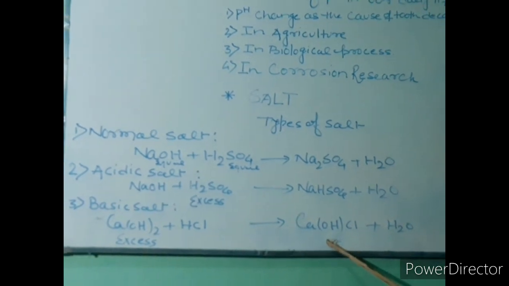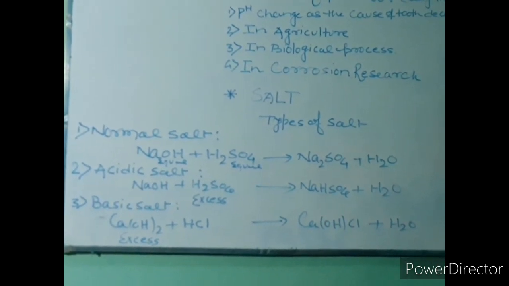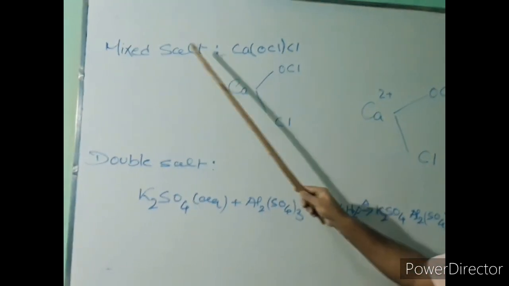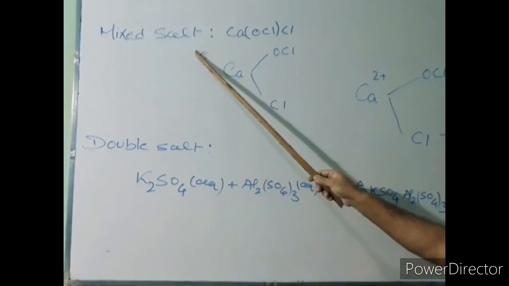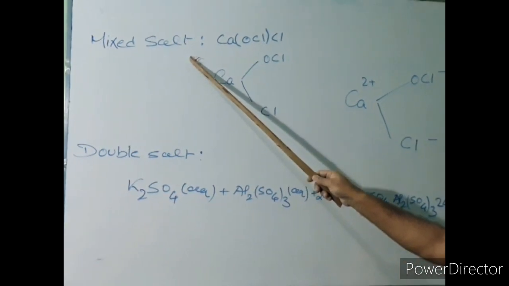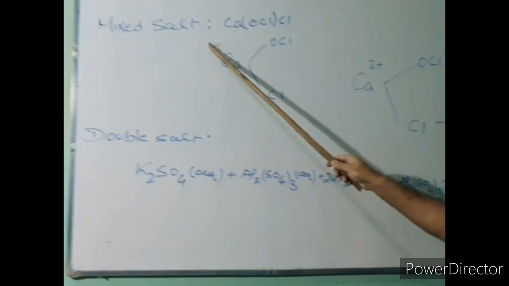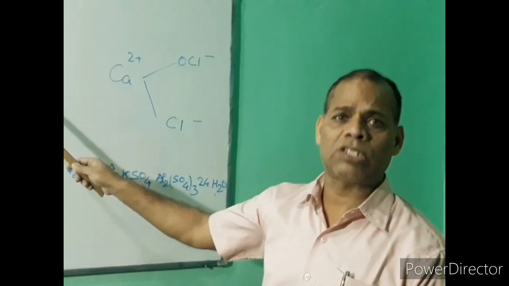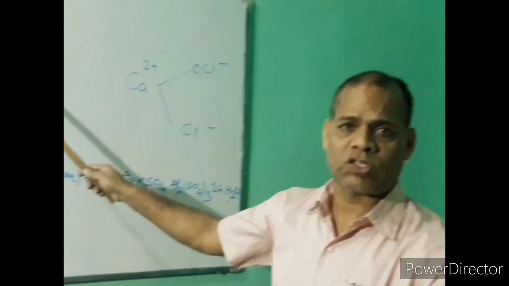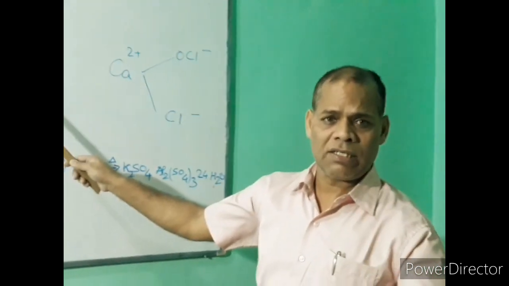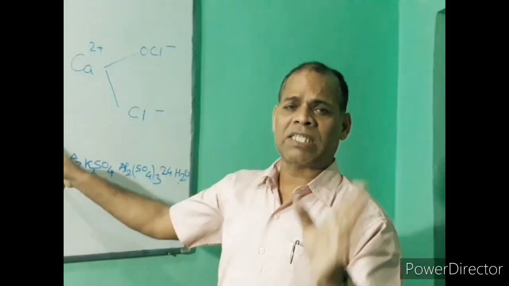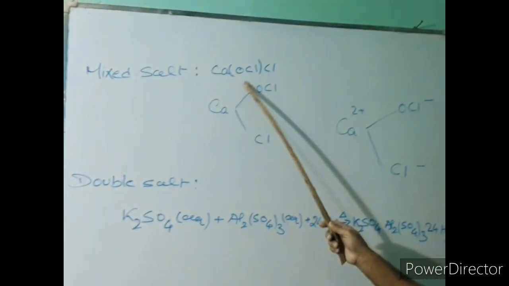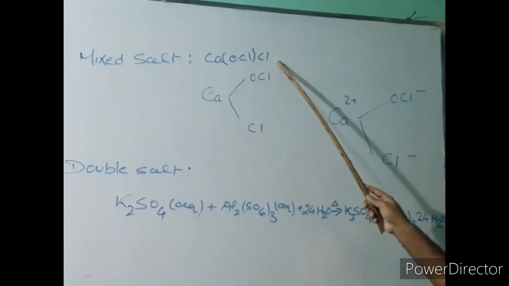Now the next type of salt is a mixed salt. A salt which contains more than one ion other than H plus or OH minus ion is called a mixed salt, like CaOCl2.